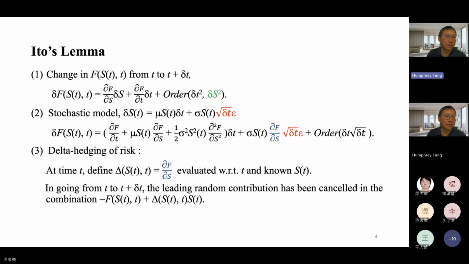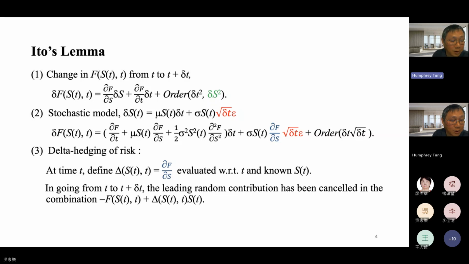The term in red refers to a random normal number. So Ito's lemma is one very important theorem for stochastic calculus.